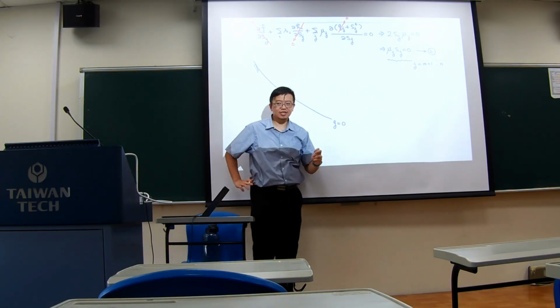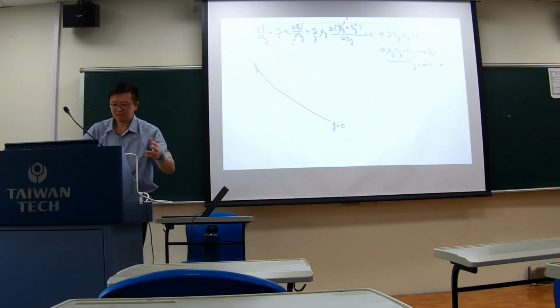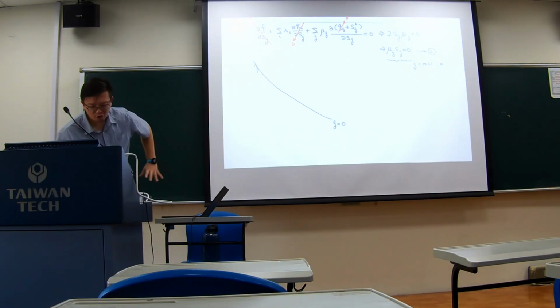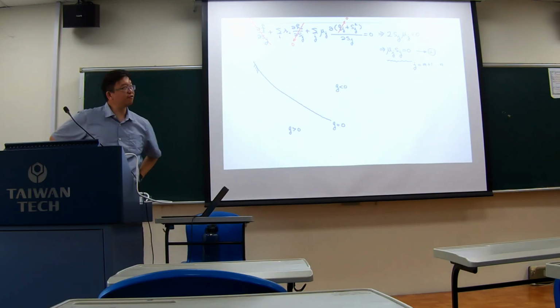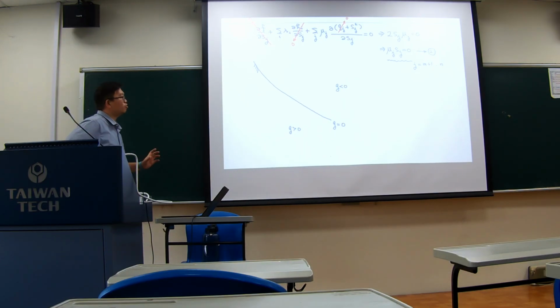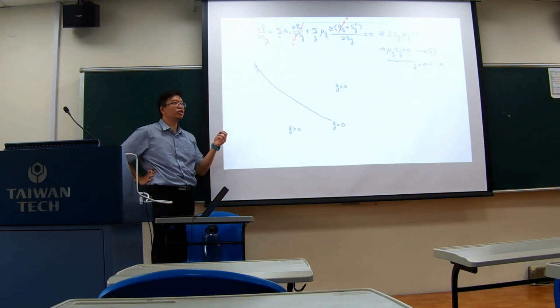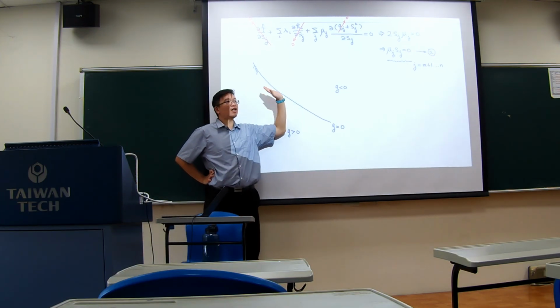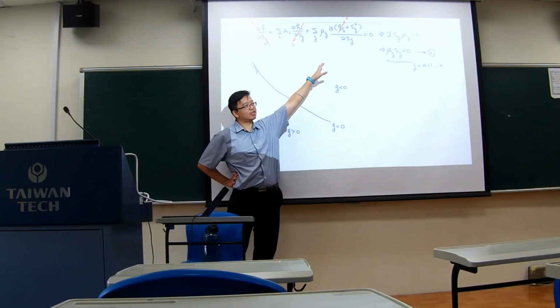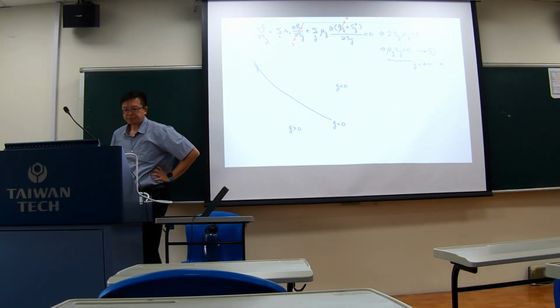If that's the case, then on the left lower corner, G is positive, and on the upper right corner, G is negative, right? So we always look for G equals to 0 or negative. So your solution should be either on the wall or in the upper right corner.